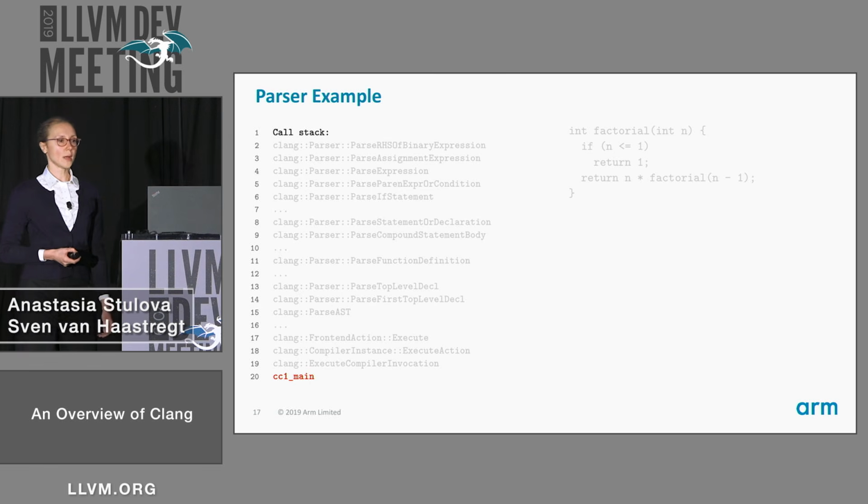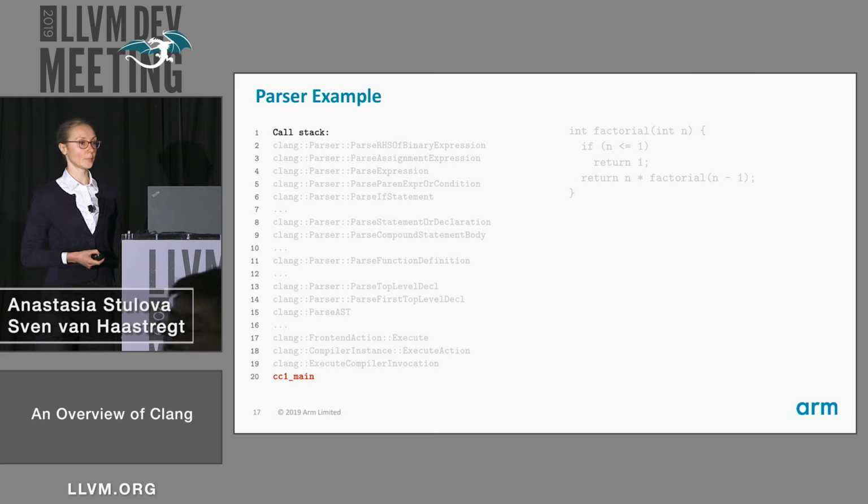Right, so let's come back to our example and talk you through parsing in Clang. Here you can see the call stack from a breakpoint in one of the parsing procedures. The entire call stack is visualized here, apart from a couple of frames we skipped to make it simpler.